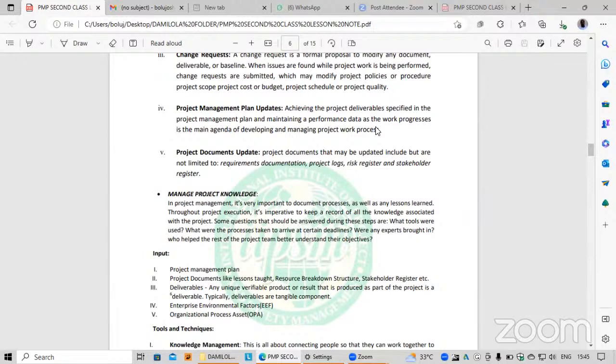Now, let's check the structure of Food Co. Food Co is an organization that has different networks across the country and different branches. Now, there are project managers at the headquarter level, and the lead project manager is a project integration manager.